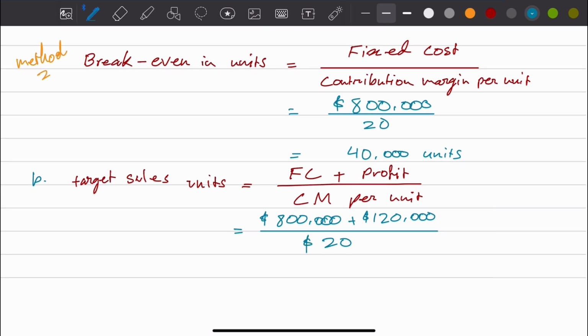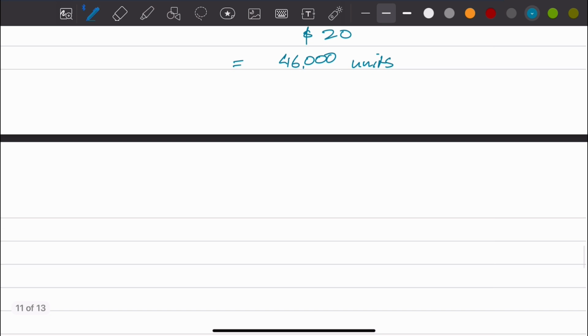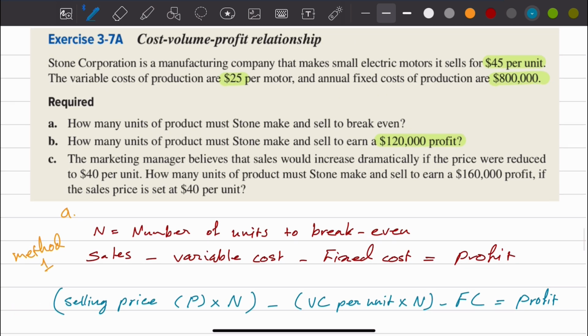Okay, so now just go to your calculator. 800,000 plus 120,000, that's 920,000 divided by 20, and that's going to be 46,000 units. Okay, let's add one page. So that's part B.